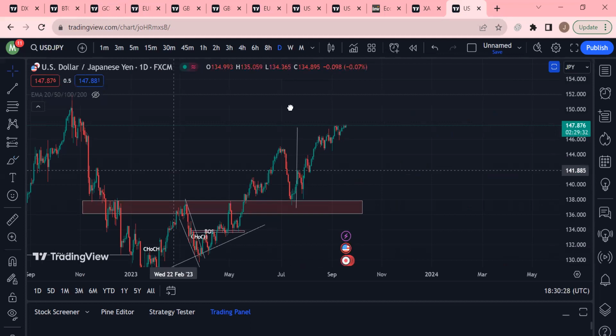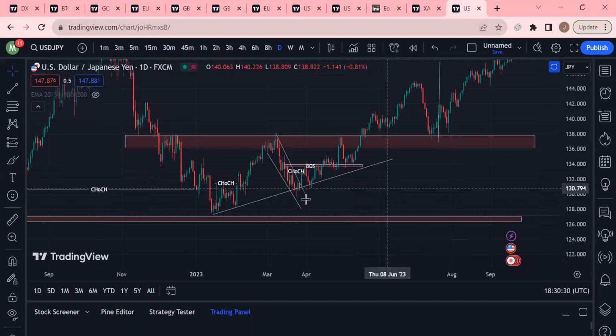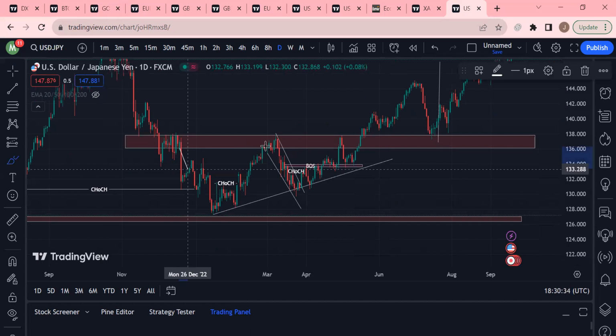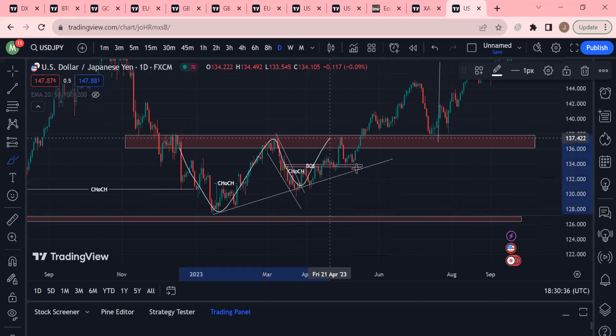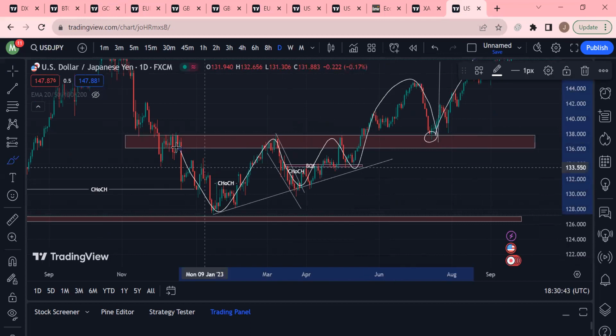Are you getting me? Because this market was on a daily bullish continuation pattern. Look at the daily sweet entry again.